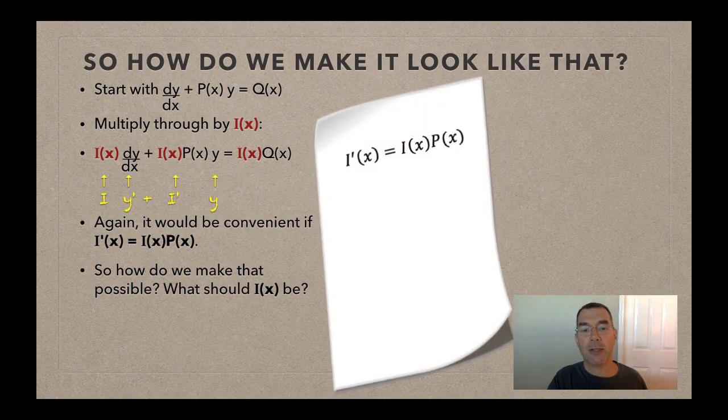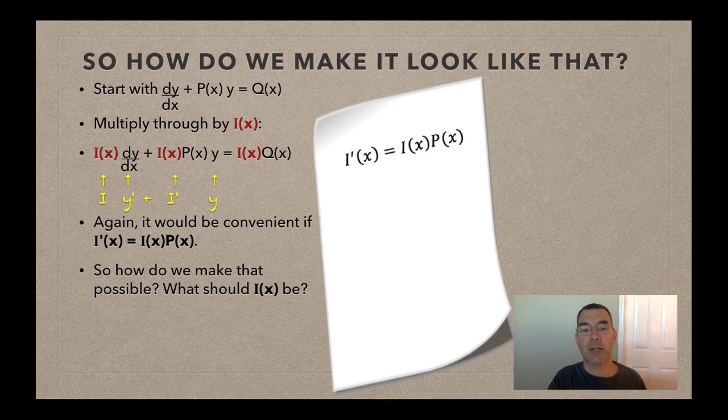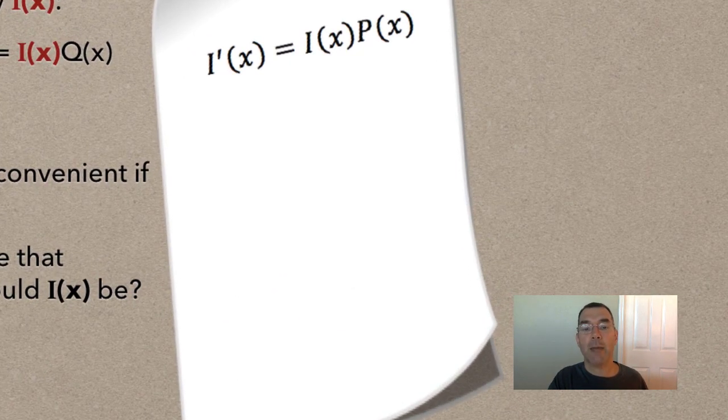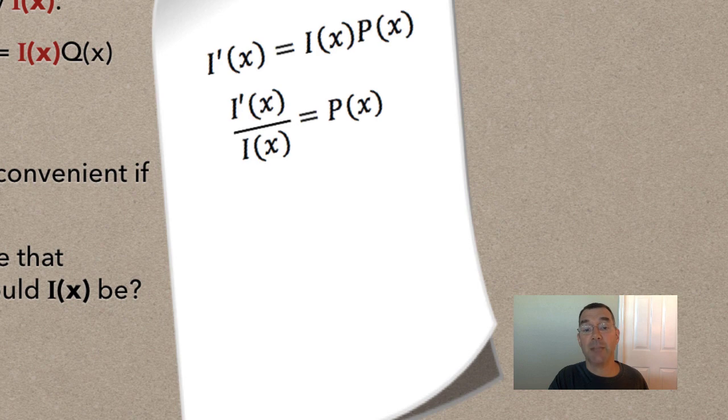Well, let's talk about how to deal with this in every case, instead of a specific case, so that I can deal with every possible linear differential equation. So I know that I want I prime to equal the original I function times the p function that was already in the question. If I divide both sides by I of x, then I get I prime over I equals p of x.